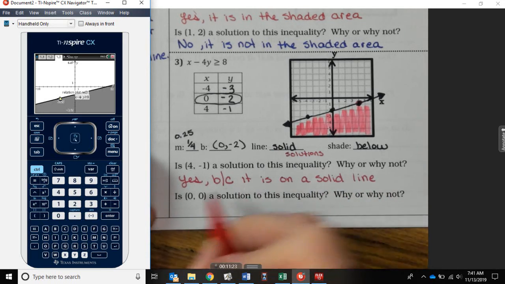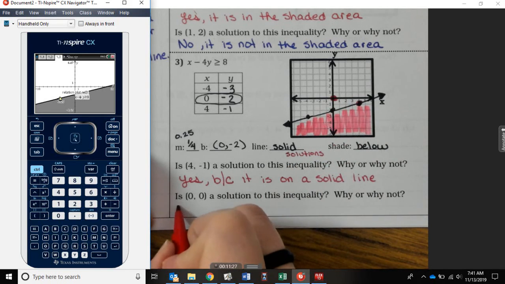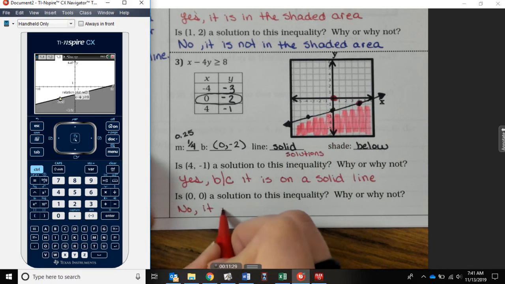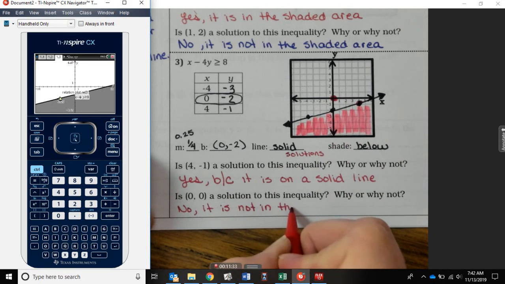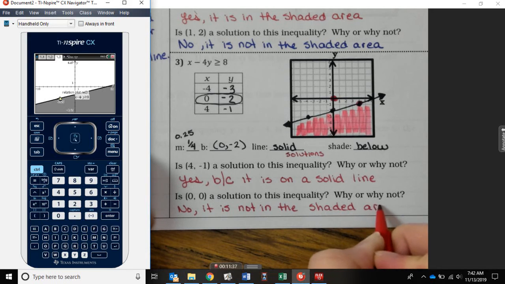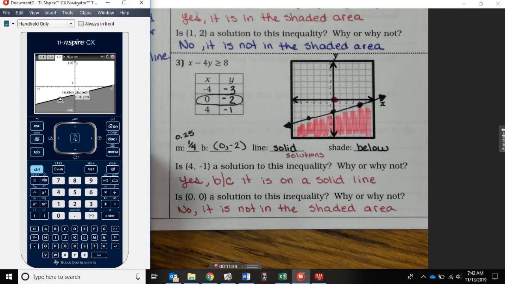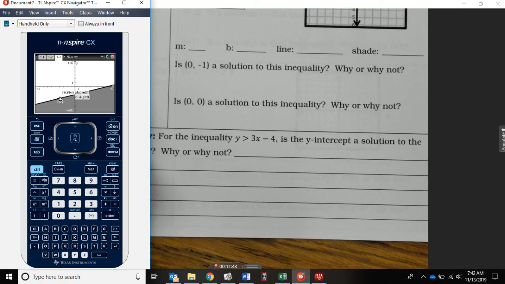Okay. Then we're going to look at 0, 0. And hopefully you would say no, it is not in the shaded area. All right, we got 2 more.